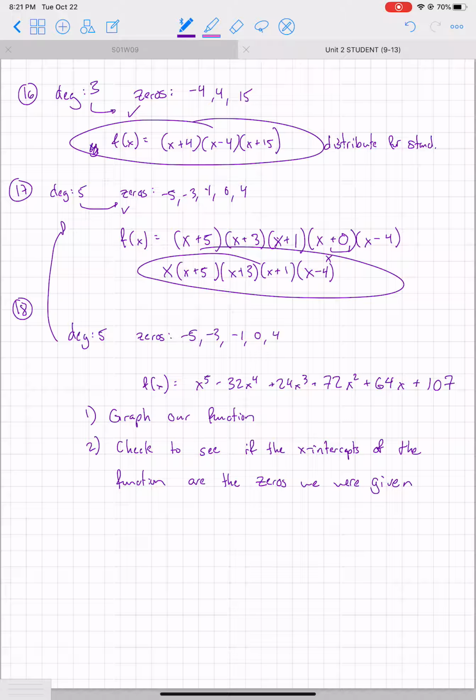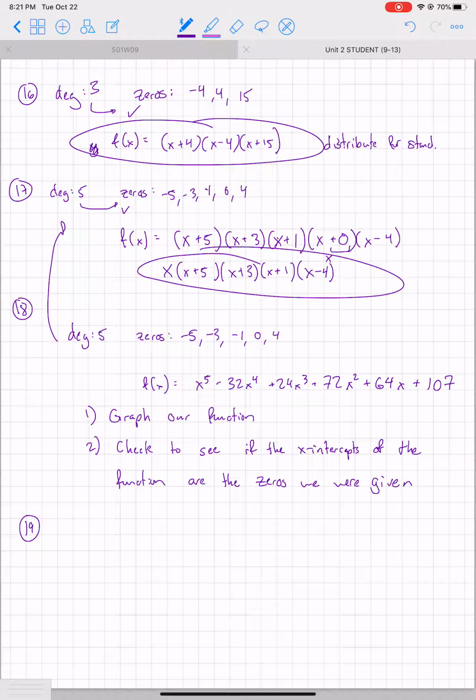If we had different zeros, that means we made a multiplication mistake. If we have more x-intercepts, that means we somehow made a mistake on our degrees. We could spot any mistake we made, because if we made any mistake, big or small, and our graph has different x-intercepts than our zeros, something happened. All right, so that's how we can check.